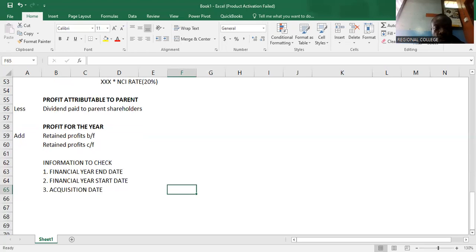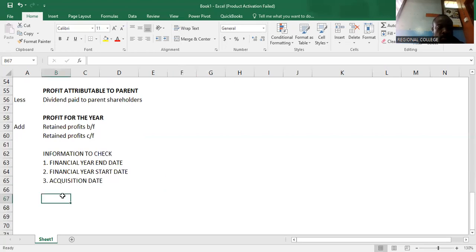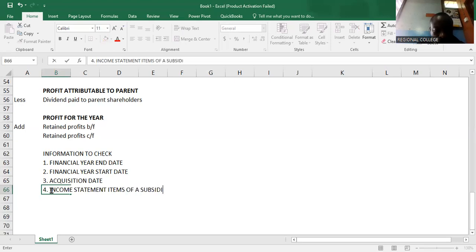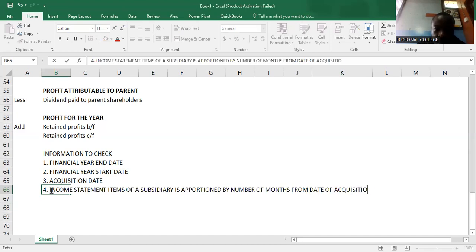So once you know the date of acquisition, that means now the income statement items of a subsidiary is apportioned by number of months from date of acquisition to year end.